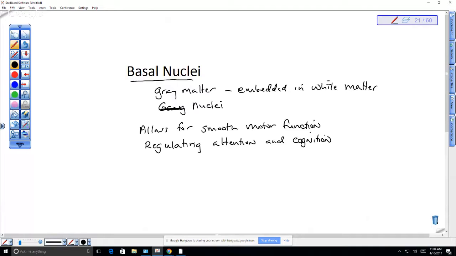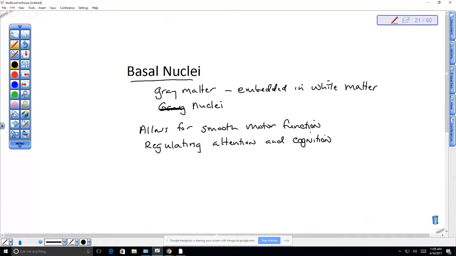If it stops and there's no electricity in your cerebral cortex, then you are brain dead. And so this actually helps to keep those signals being sent to the cortex so that you stay alert, right? So it helps to keep the electricity continually being sent to the cortex.